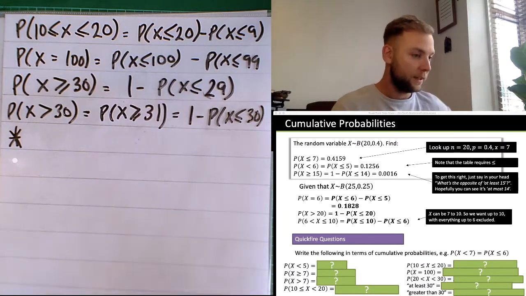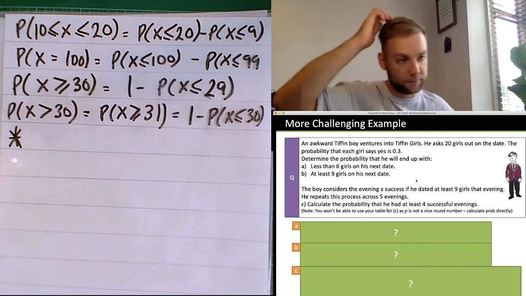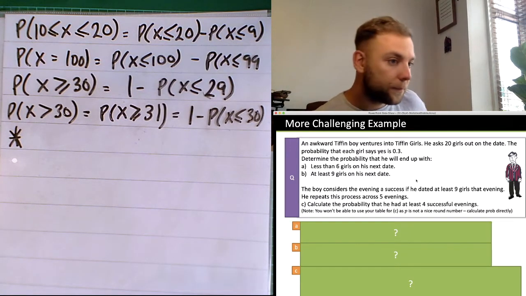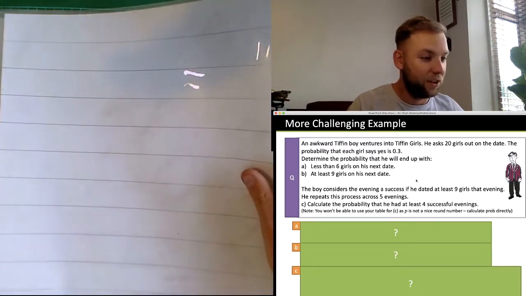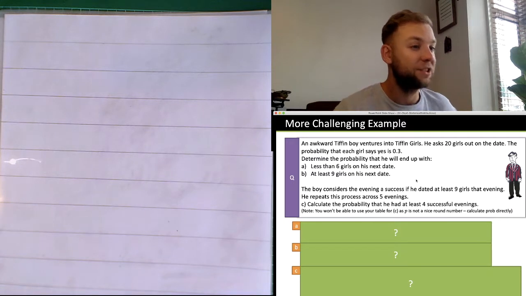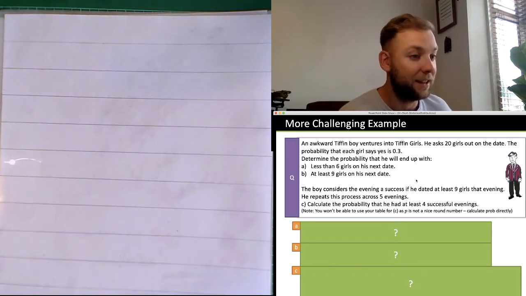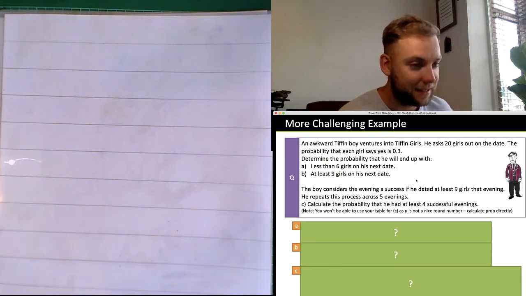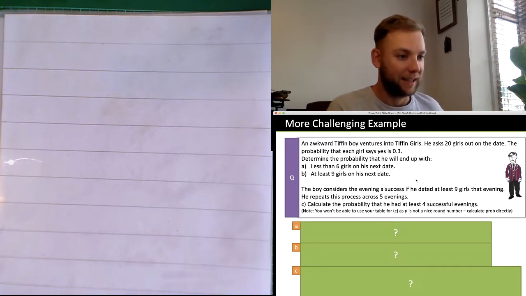Okay, brilliant. So let's have a look at this next question here. An awkward Tiffin boy ventures into Tiffin Girls. He asks 20 girls out on a date. The probability that each girl says yes is 0.3. Determine the probability that he will end up with less than 6 girls on his next date. At least 9 girls on his next date.